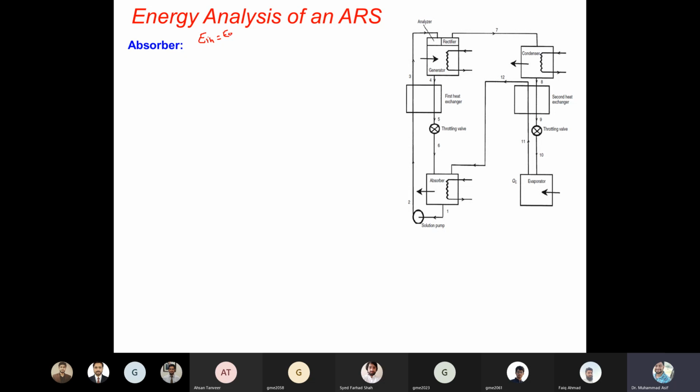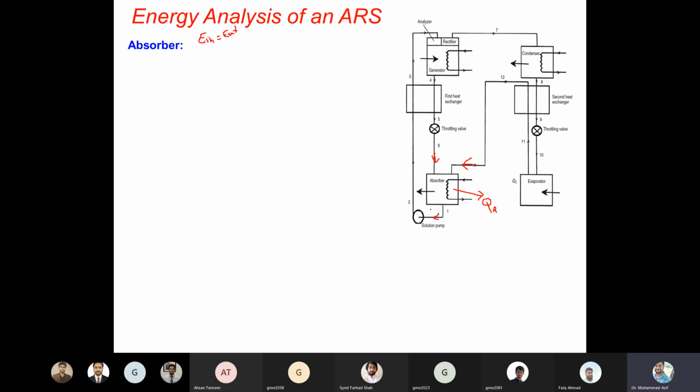So what is the energy in that case? For example, in case of absorber, this is in, this is also in, and this is also in. And what about the heat? In case of absorber, heat is out, right? Q out in the absorber. And then this is going out.